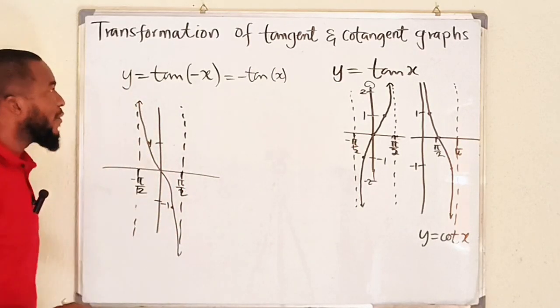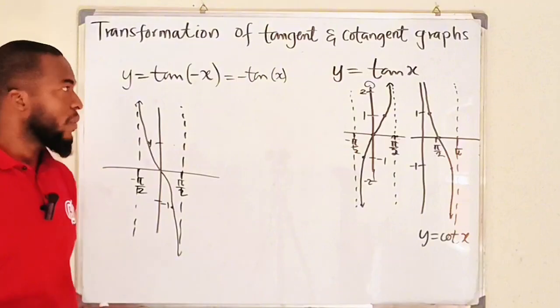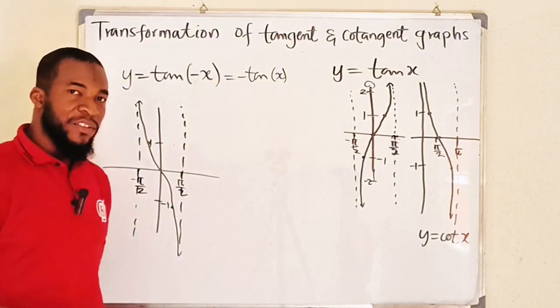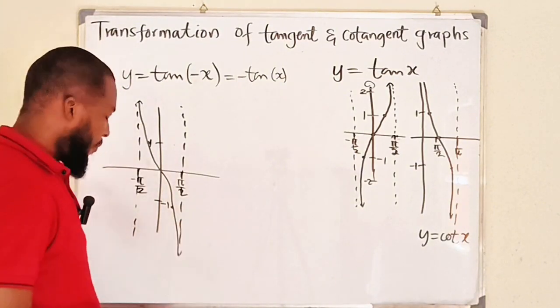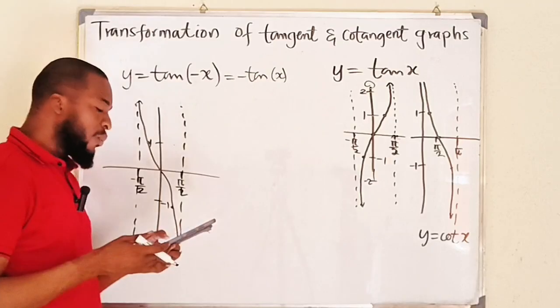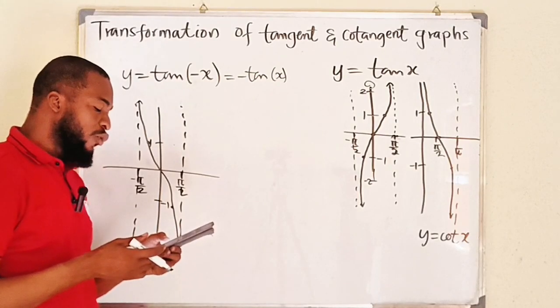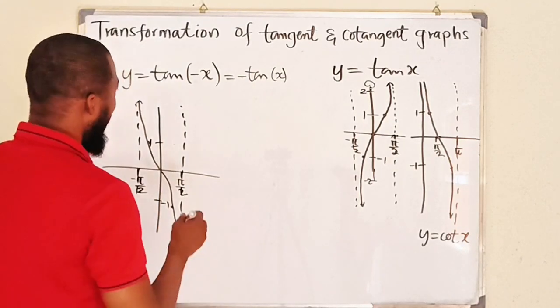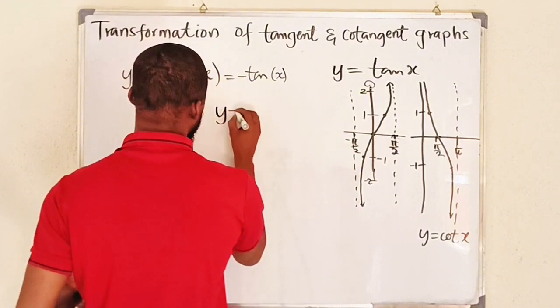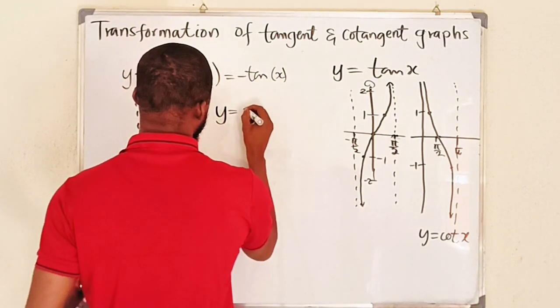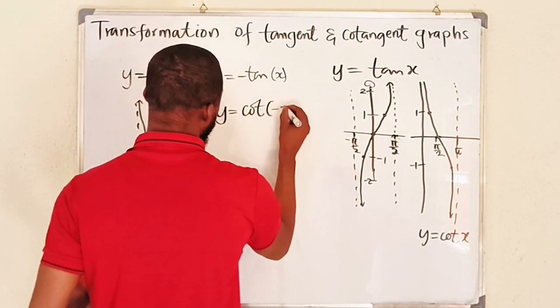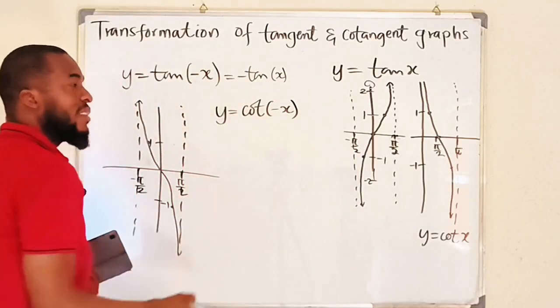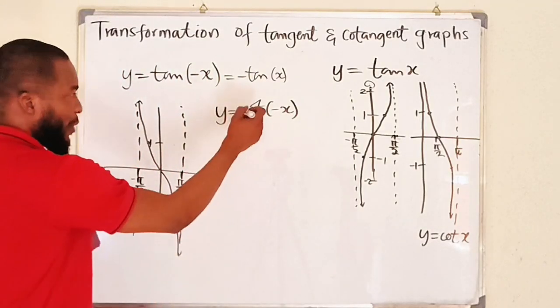So this is the graph of tangent of negative x or negative tangent of x. They are all the same. Then we also have y equal to cotangent of negative x. Also similar. Cotangent of negative x is also the same thing as negative cotangent of x.